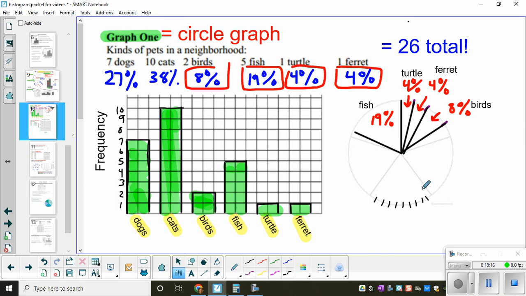Each of these right here is 2, 4, 6, 8, 10, 12, 14, 16, 18, 20%. So each one of these now is just representing 2 more. So this is 4%. This is 20. So we have 24 so far. 25, 26, and then basically almost to right there would be the 27%.